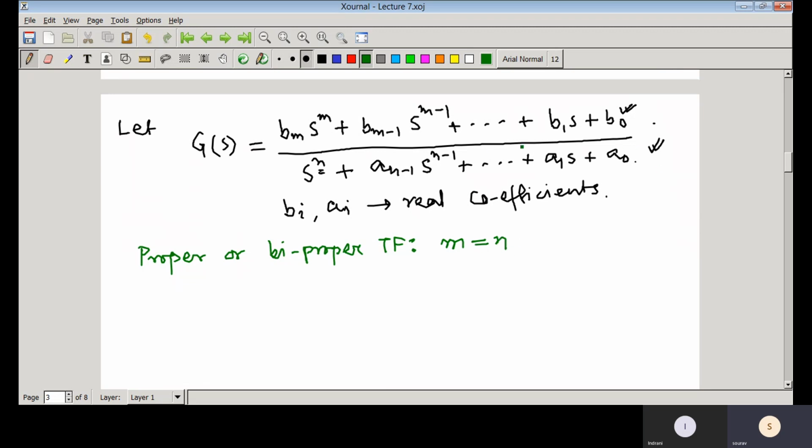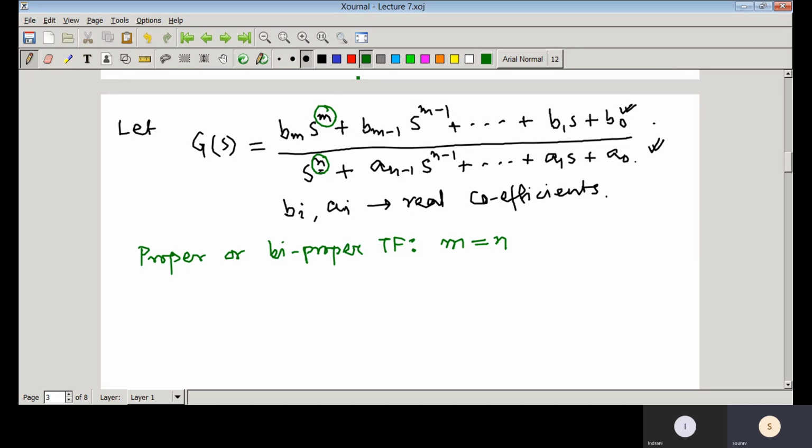Here m is the degree of the numerator polynomial, and n is the degree of the denominator polynomial. Whenever the degree of the numerator polynomial and the denominator polynomial are the same, then we say that it is a proper transfer function.